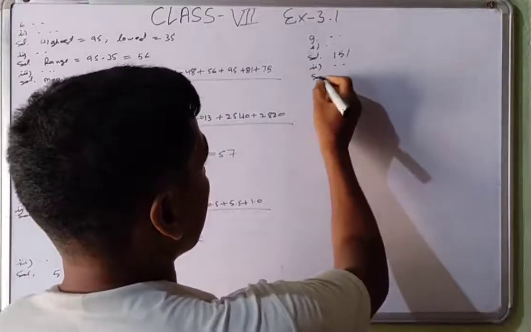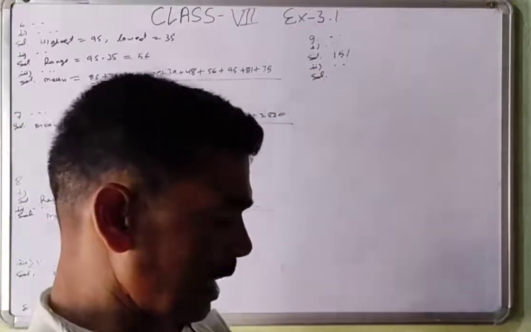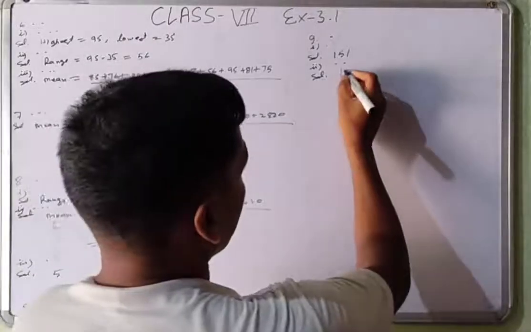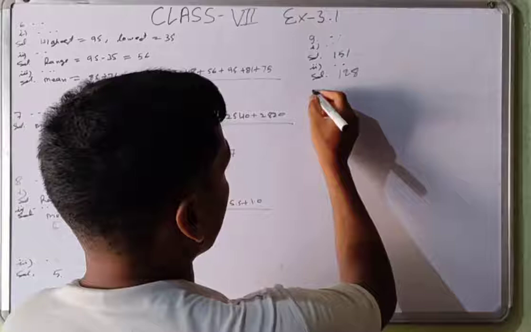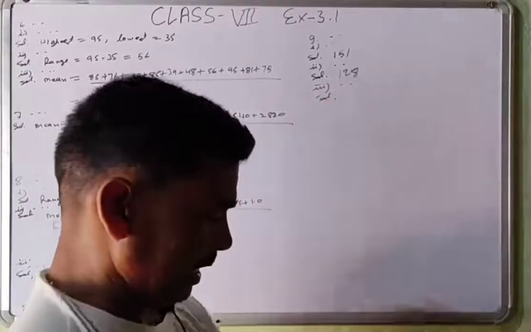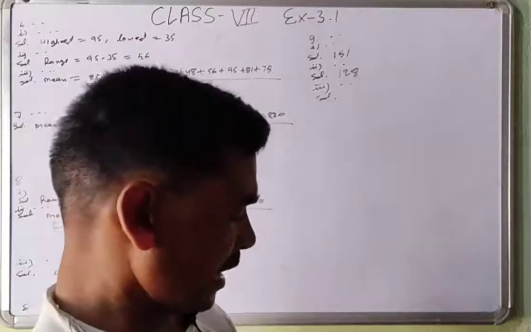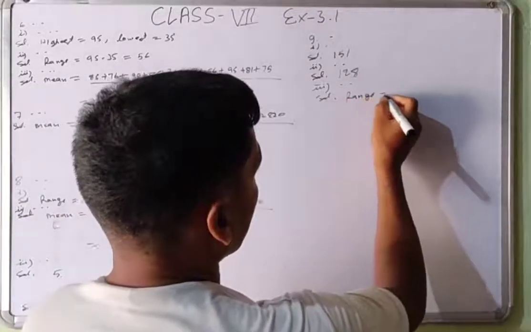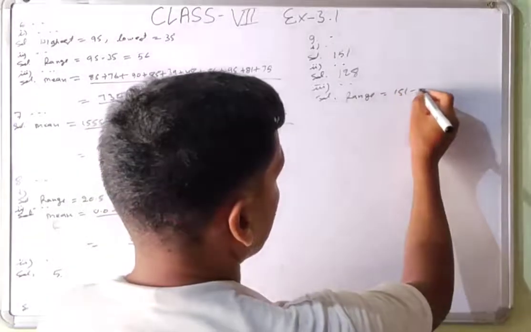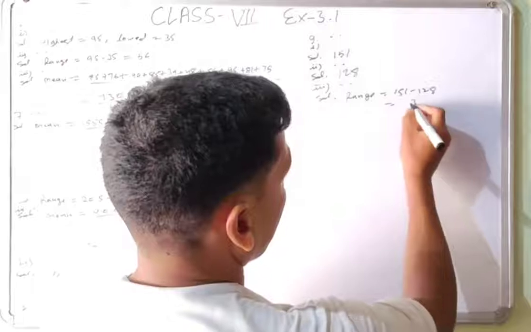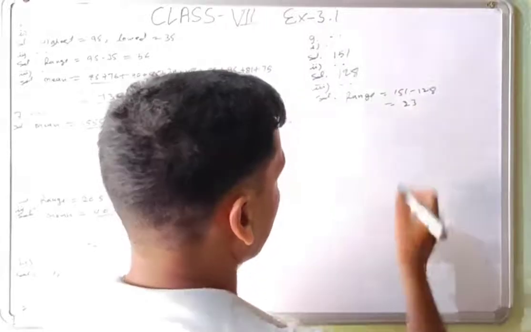Second part, the height of the shortest girl, that is 128. Third part, the range is equal to highest minus lowest, that is 151 minus 128, 23.